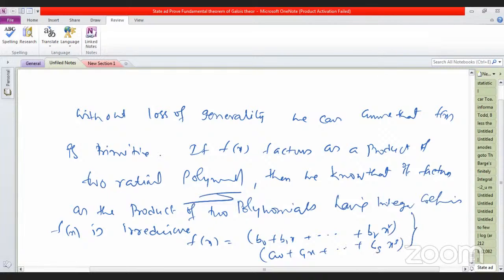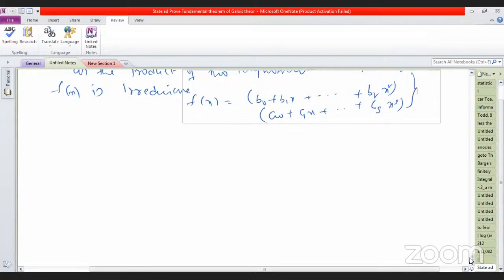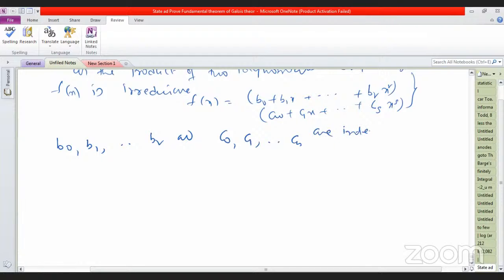I'm writing the condition where b0, b1, and so on up to br, and c0, c1, up to cs are integers, where r greater than 0, s greater than 0.